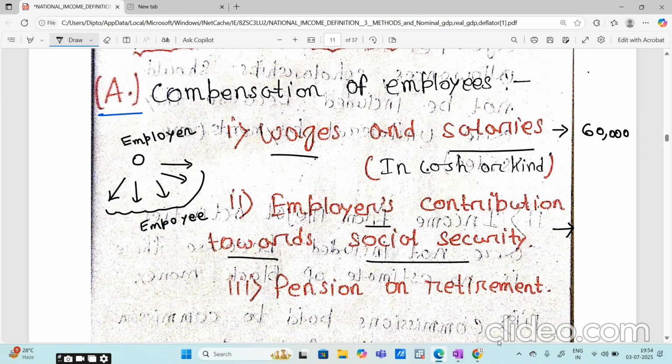Being an employer, I have to take care of some special things. What are those special things? If suddenly one of my employees gets injured during the production process, I have to take care of that employee. If suddenly one of my employees gets sick and dies by any kind of accident, I have to pay a sum of rupees to his family.